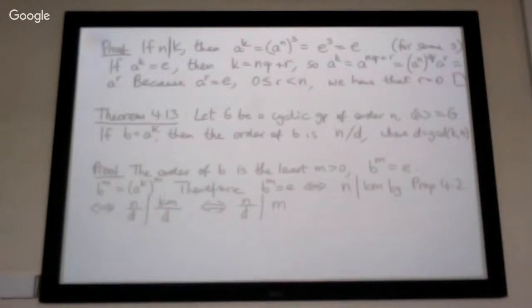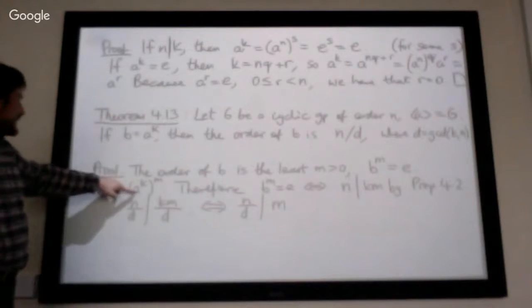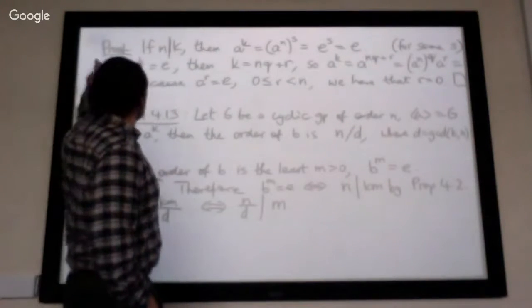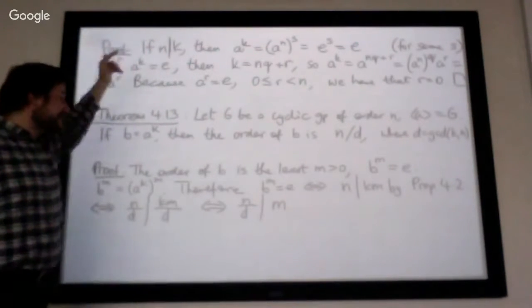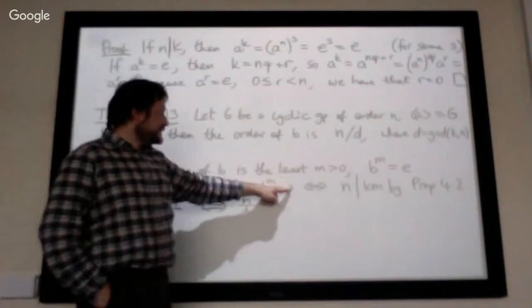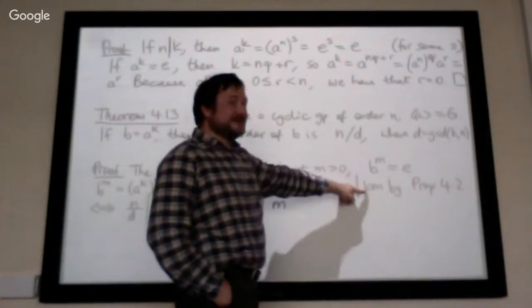There's a trick hidden in here. So b to the m is a to the km. By this proposition, a to the km is the identity if and only if n is a divisor of km.